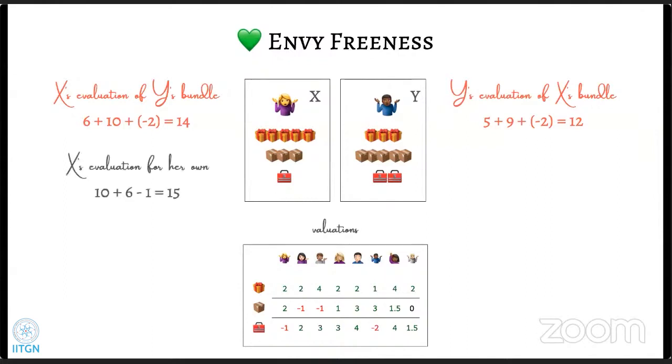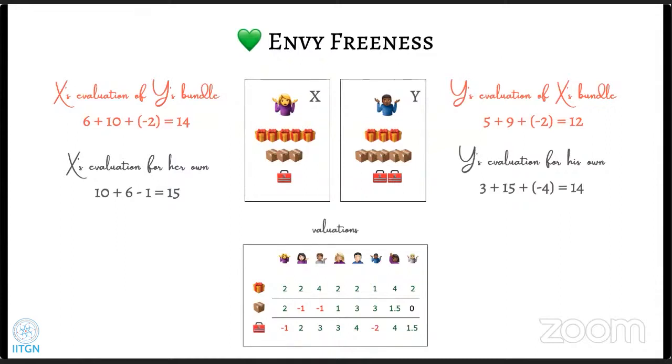And X is going to compare this with her valuation of her own bundle, and that's going to be the same for Y. So it turns out that in this example, both X and Y are not insecure about what they have relative to each other. When X looks at her own bundle, she's like, okay, I have something that I value at 15, and this guy has something that I value at 14, so I wouldn't exchange. Y has a similar worldview, so he has something that he likes at 14, and he doesn't like the other bundle more than his own.